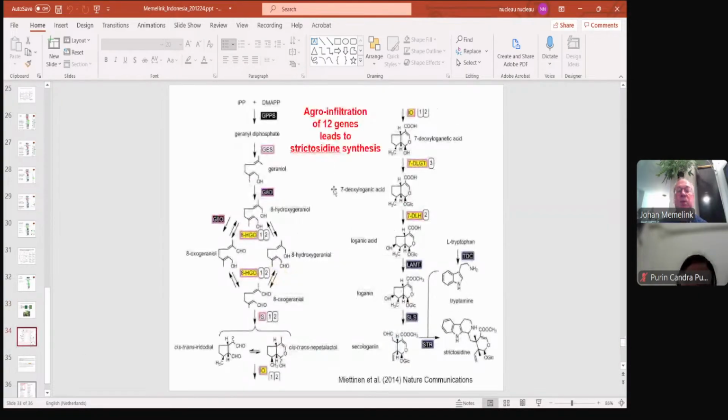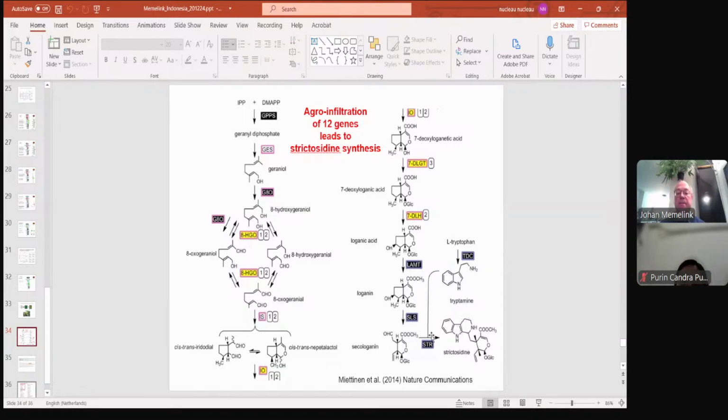Okay, so what we did is we infiltrated a combination of 12 genes. So these are all the genes indicated in this with the purple color. And with these 12 genes, we were able to show that geranyl diphosphate was converted into strictosidine, which is the first alkaloid in the pathway.